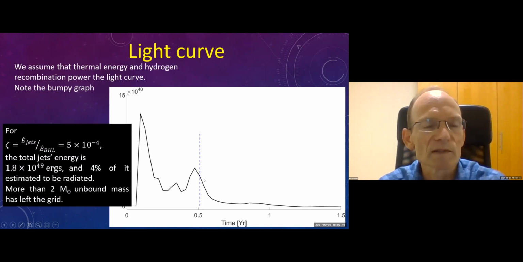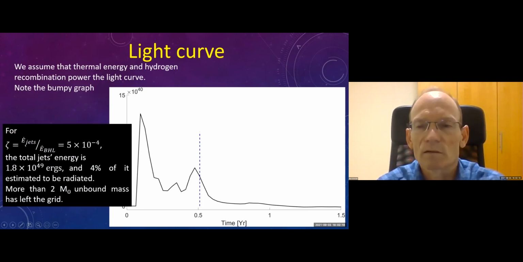So, for example, in this simulation where zeta, the ratio of the jets' power to the maximum Bondi-Hoyle-Littleton power, is 10 to the minus 4, the total jets' energy is almost 2 times 10 to the 49 ergs, and about 4% of it is estimated to be radiated.